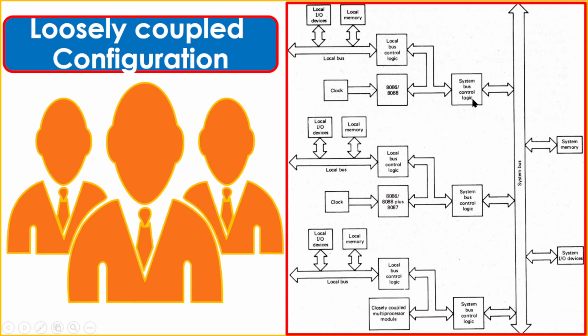So there is a system bus control logic in every coprocessor system, every closely coupled system. Then we also have a local bus control logic, because within this block we may have the 8086 as well as the 8087 and 8089, multiple processors connected. Here the 8086 and 8087 can both access the local memory and local IO, and both can access the global memory and global IO.